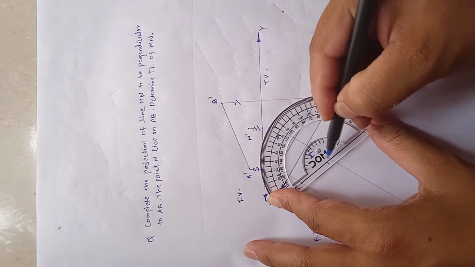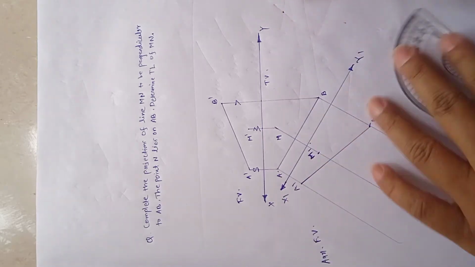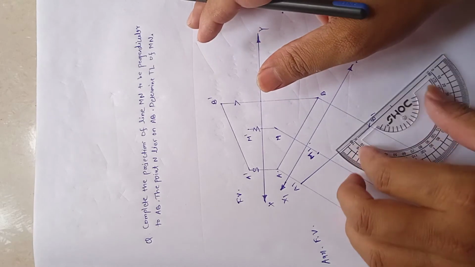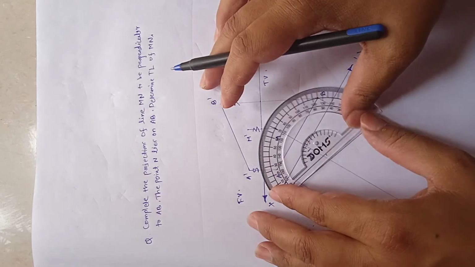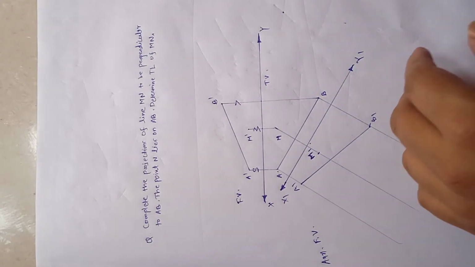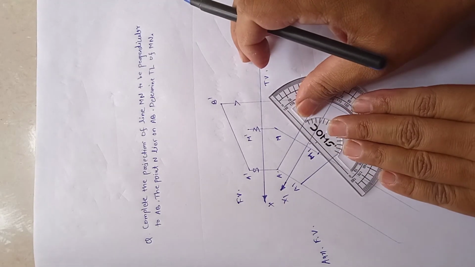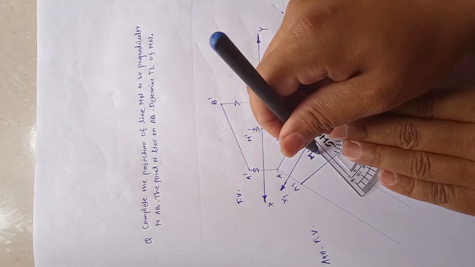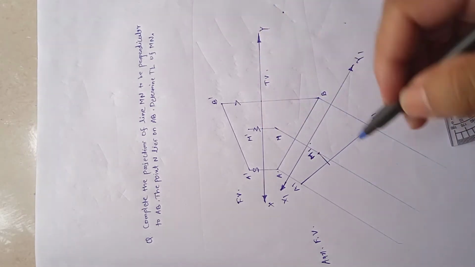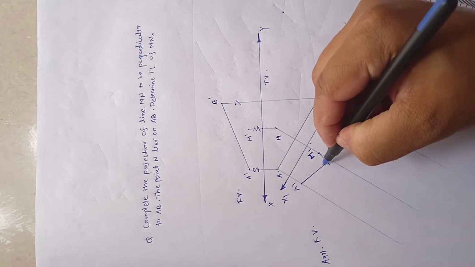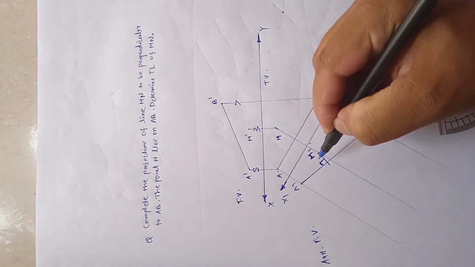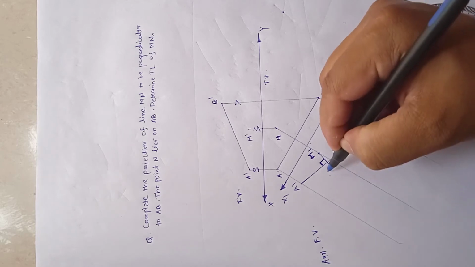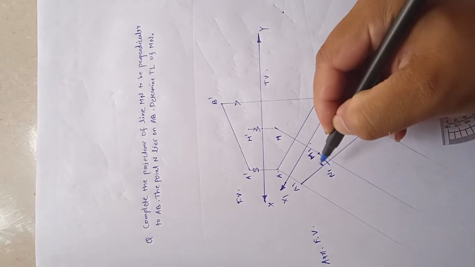So we get this perpendicularity line, and through that point you can draw a line which will be perpendicular. So this is a 90-degree angle and this will be point N. Let us name it N1.